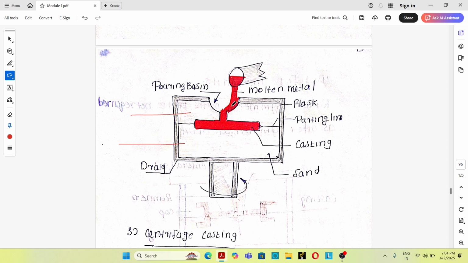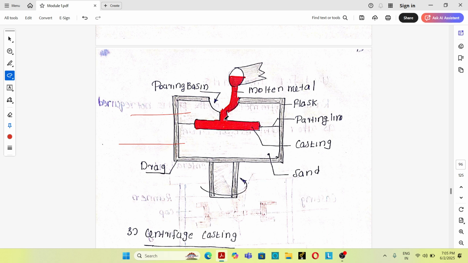In the semi-centrifugal casting process, the entire mold is completely filled with molten metal, which is supplied to the cavity through a central sprue.